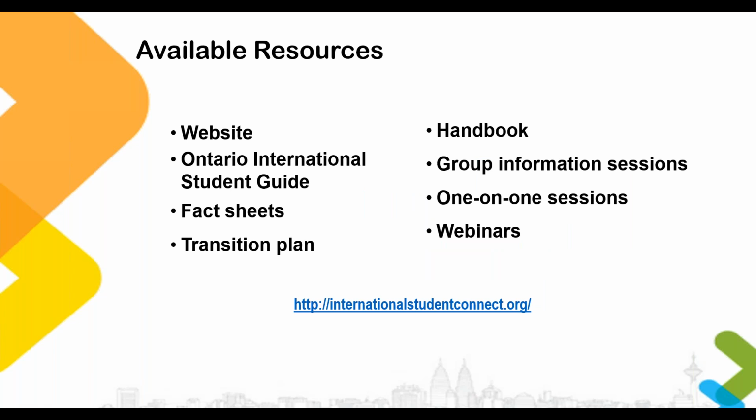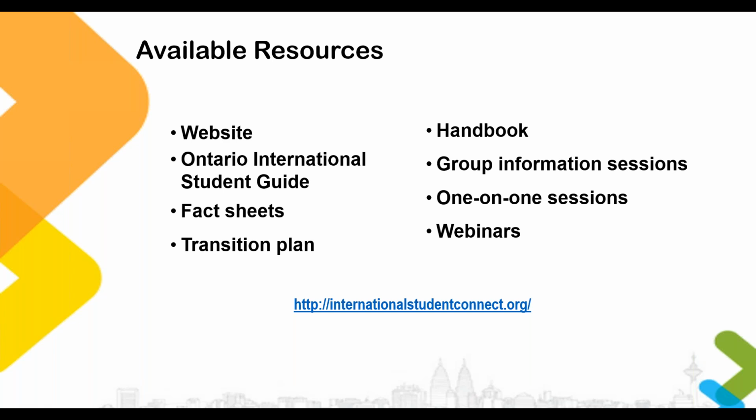I promised that we talk to you a little bit about the resources that we do have available under the International Student Connect project. You may visit our website at www.internationalstudentconnect.org, where you will find a multitude of resources that are quite useful to you. There's the Ontario International Student Guide on our website. You may print that if you would like to.